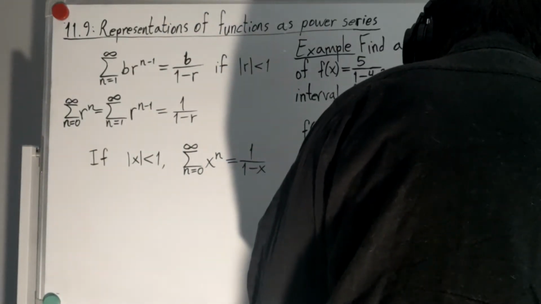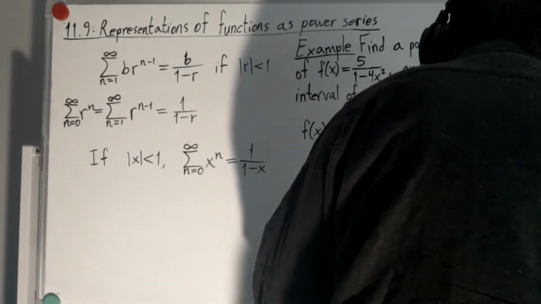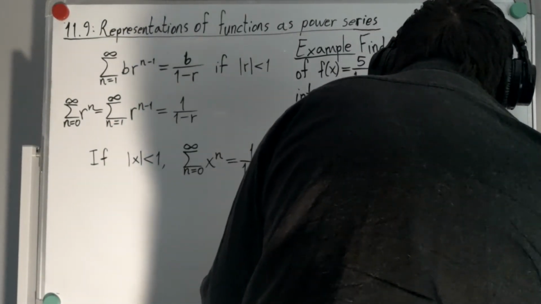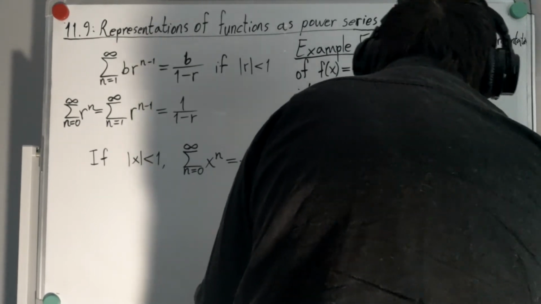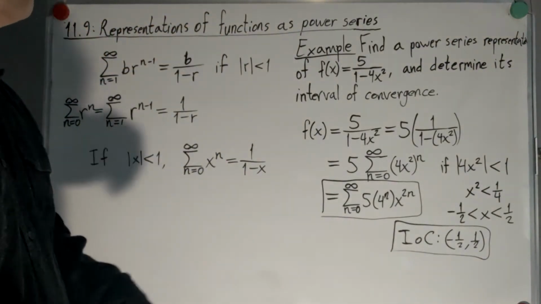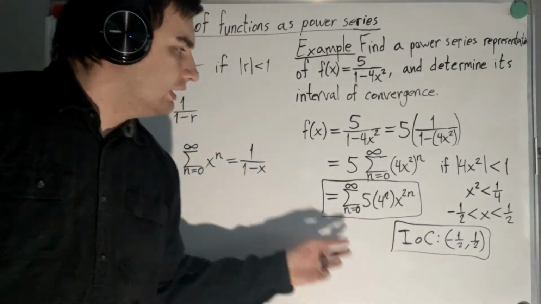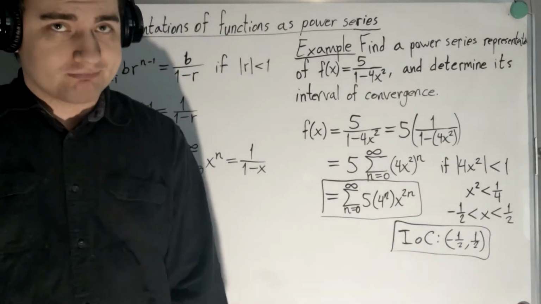So x is greater than -1/2, less than +1/2. And so our interval of convergence is just the open interval from -1/2 up to +1/2. So what this says is just that on this interval, this equality holds.